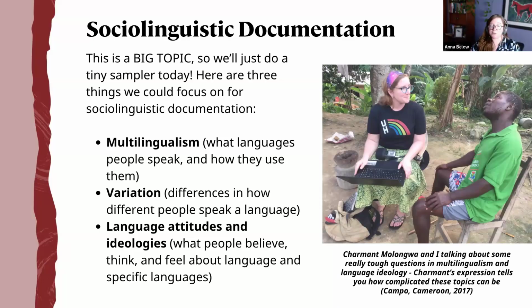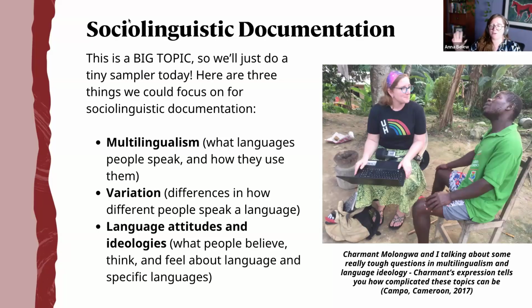And finally, we're going to talk a little bit about language attitudes and ideologies, which is, in the abstract, what people believe and think and feel about language use and also about specific languages. And I like this photo because it shows how complicated all of this is: me having a conversation with Sharma Molongwa in Campo in Cameroon.